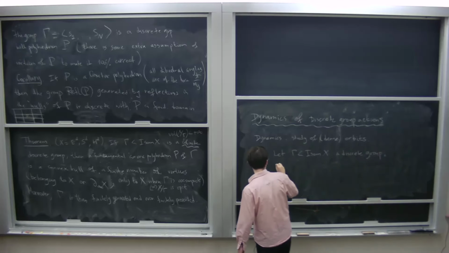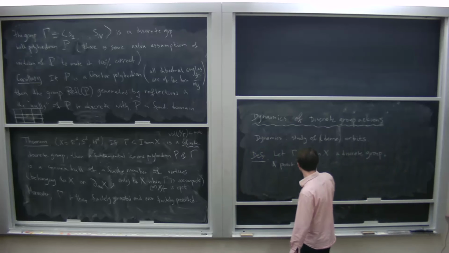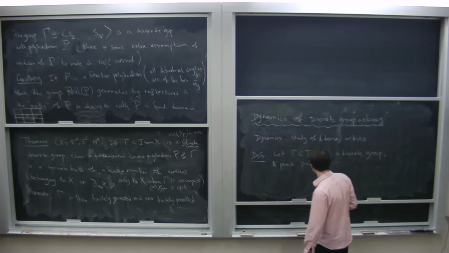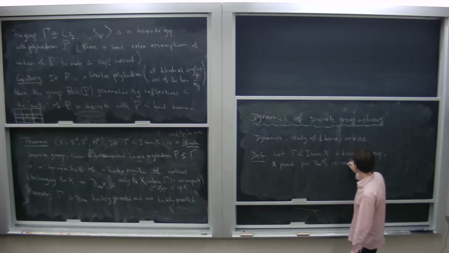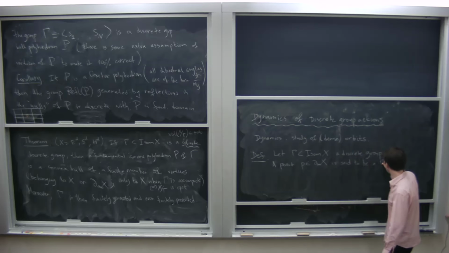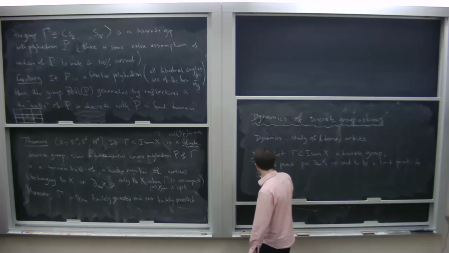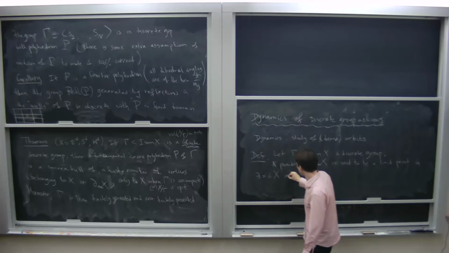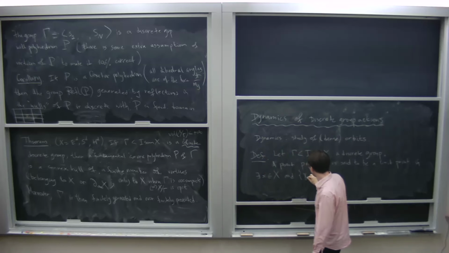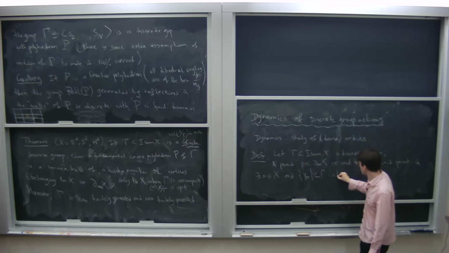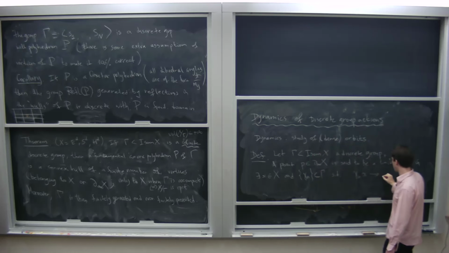Then a point P from the boundary of X is said to be a limit point if there exists a point x in X and a sequence gamma n of elements in gamma such that gamma n x converges to P as n tends to infinity.